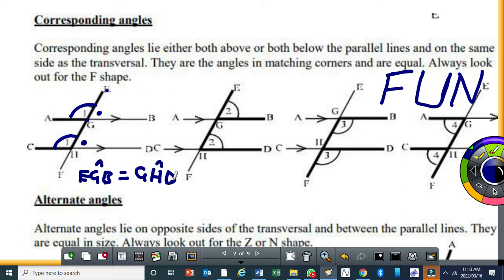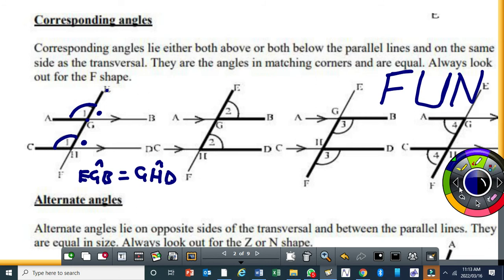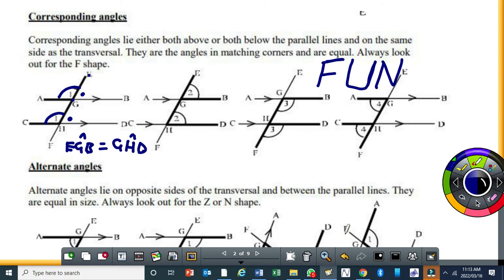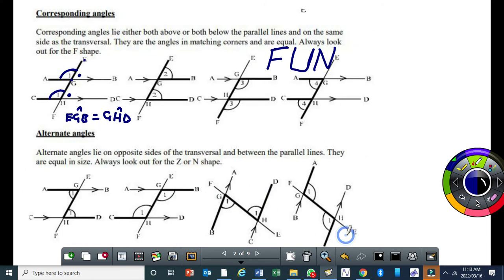Corresponding angles are equal. Now, when you give a reason for corresponding angles, you write the reason like this. Okay, the acceptable reason here, I'm just going to generalize it.